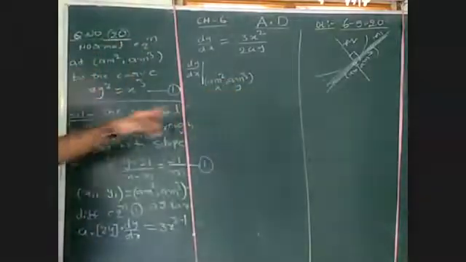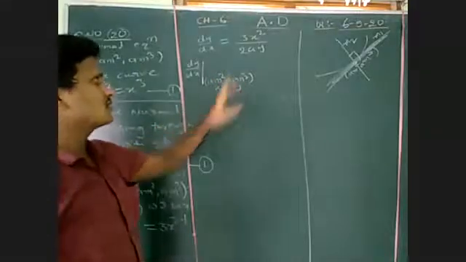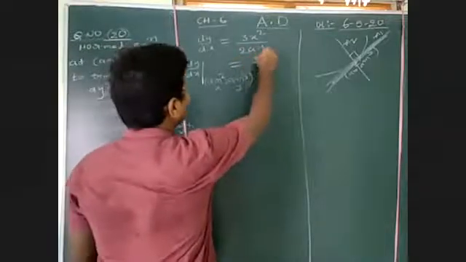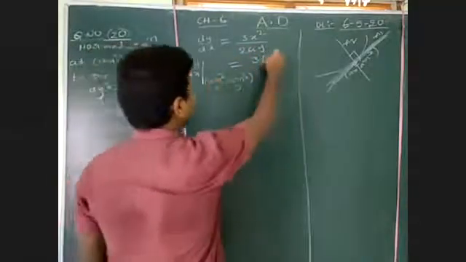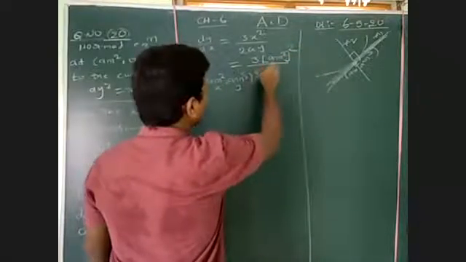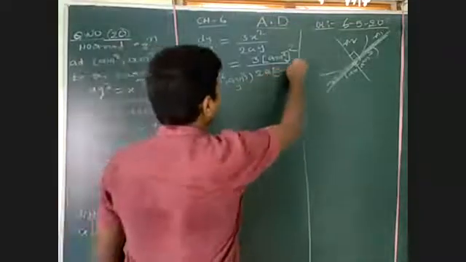Now in place of x substitute a m square, in place of y substitute a m cube. So this is equal to 3 into x square, the x value is a m square, whole square, by 2ay, the y value clearly a m cube.